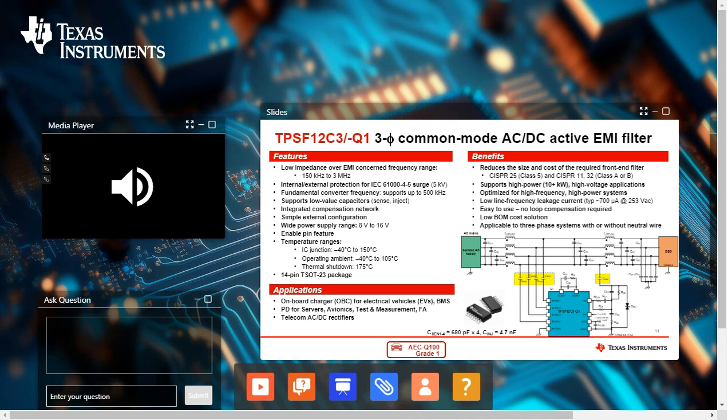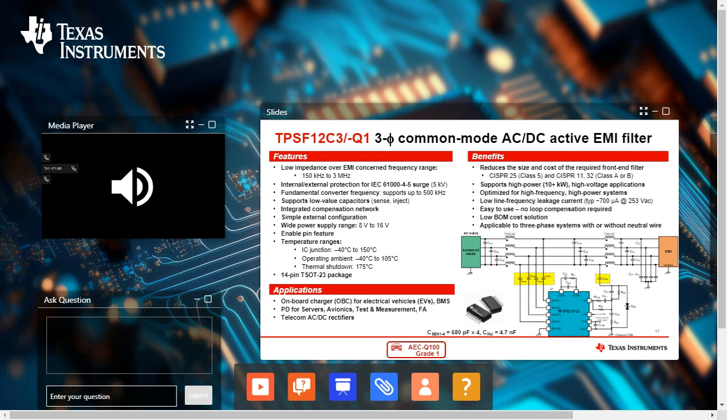Here is the one-page overview of the TI Power Supply Filter, or TPSF, 12C3 IC. The targeted frequency range is from 150 kilohertz to approximately 3 megahertz, where the CISPR standards apply. The three-phase ICs are for systems in the range of 10 kilowatts to 30 kilowatts.